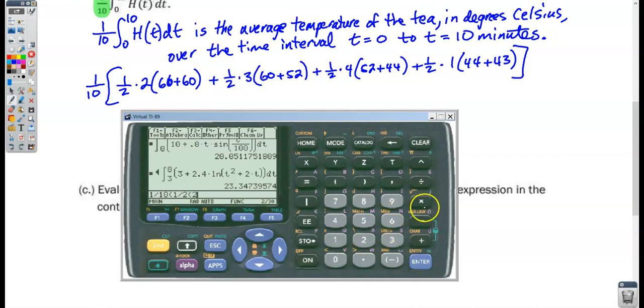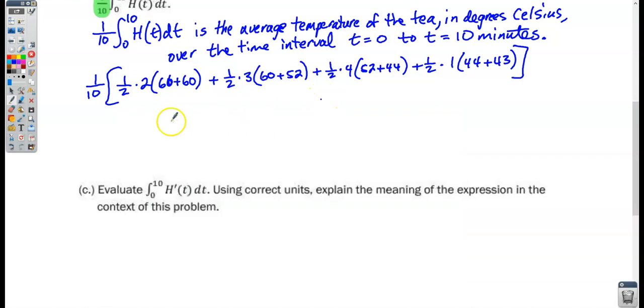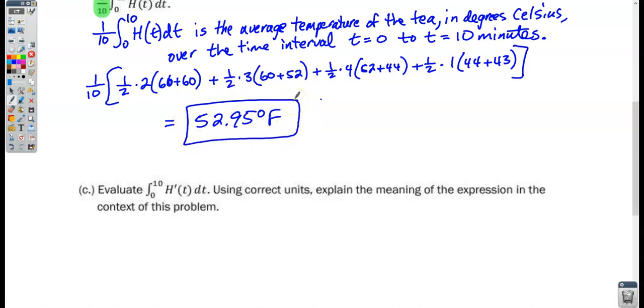Then we've got 2 times 66 plus 60 is 126, plus 3 times 112, plus 4 times 96, plus 1 times 87. I think that's enough parentheses. There we go. And we get 52.95 as our average temperature of the tea over that interval.